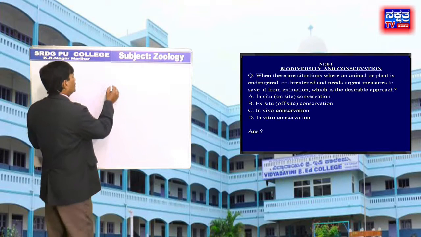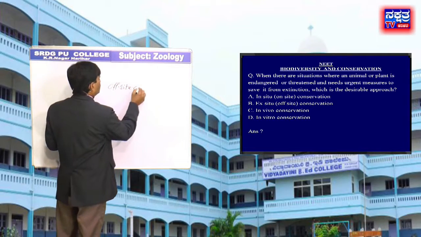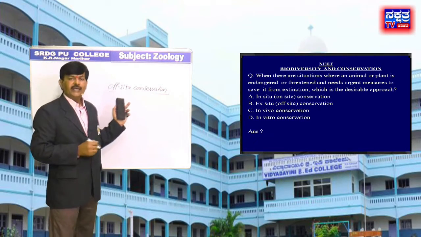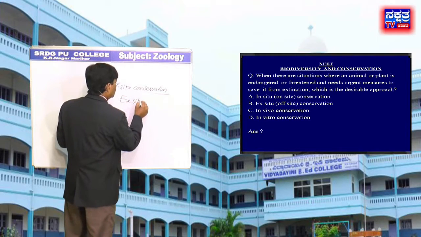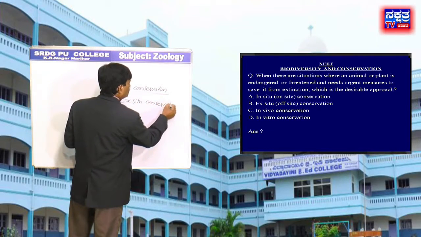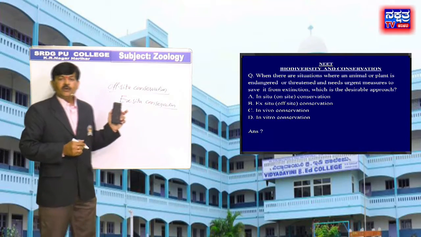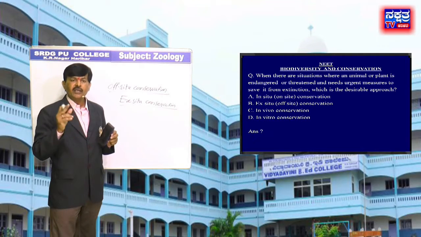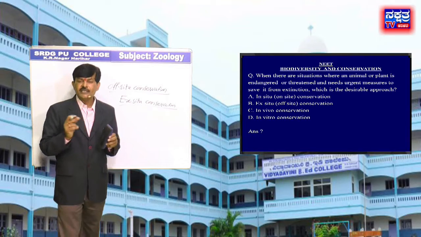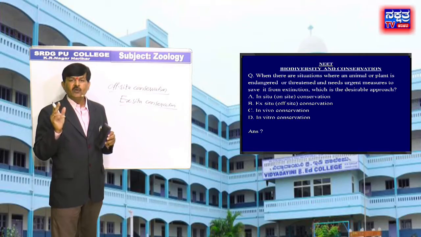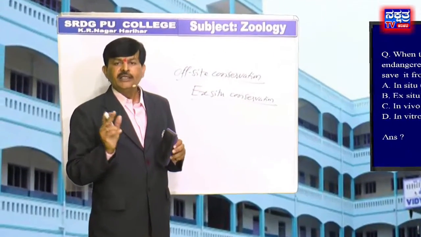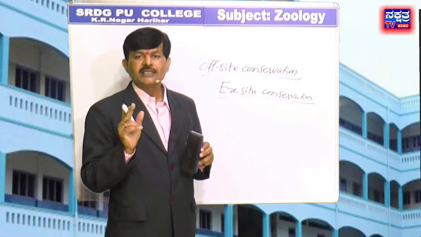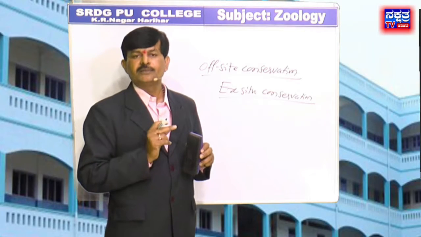Off-site conservation is also called ex situ conservation, which deals with conservation of an endangered species outside its natural habitat. In this method, genetic information of cultivated and wild plant species is preserved in the form of in vitro cultures and seeds, which are stored as gene banks for long-term use.